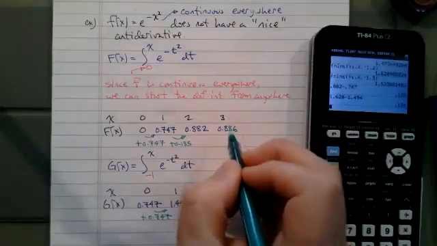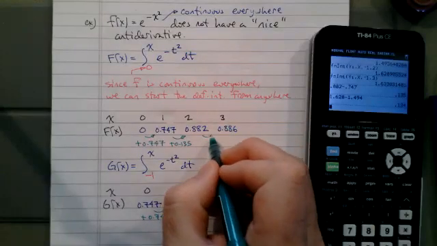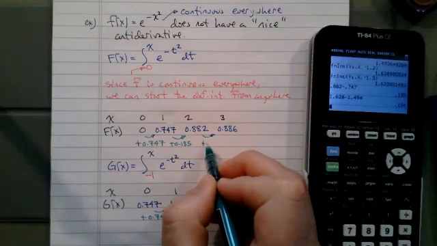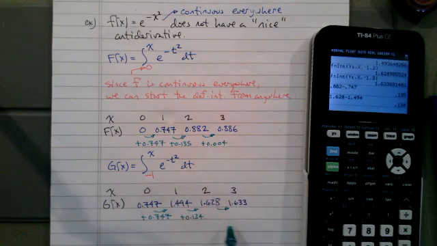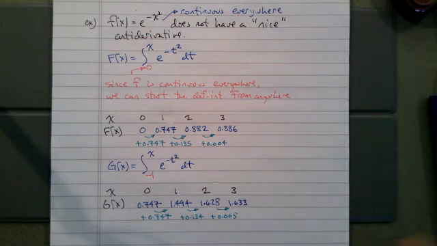If we look at the change from 0.882 to 0.886, we have an increase of 0.004, and the same thing happens down here. We have an increase of 0.005. So at least now we can see where the round off happened. So the amount of change is the same. So the derivative is still the same.